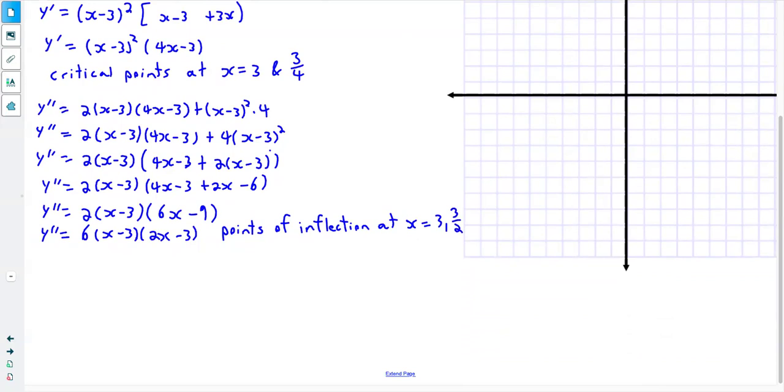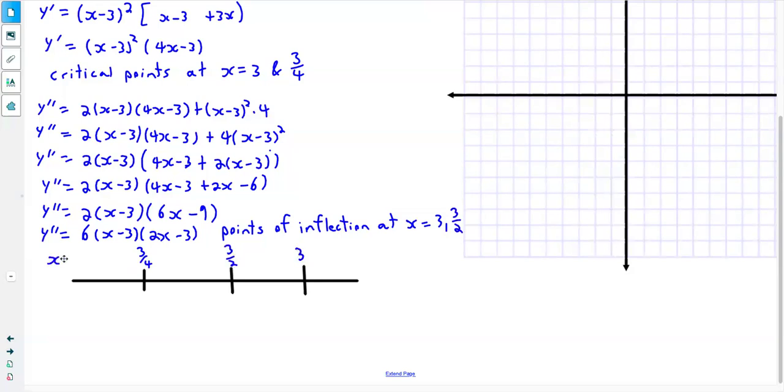Now, just like last time, we'll come up with a number line. We had 3 main points: 3/4, 3 over 2, and 3.